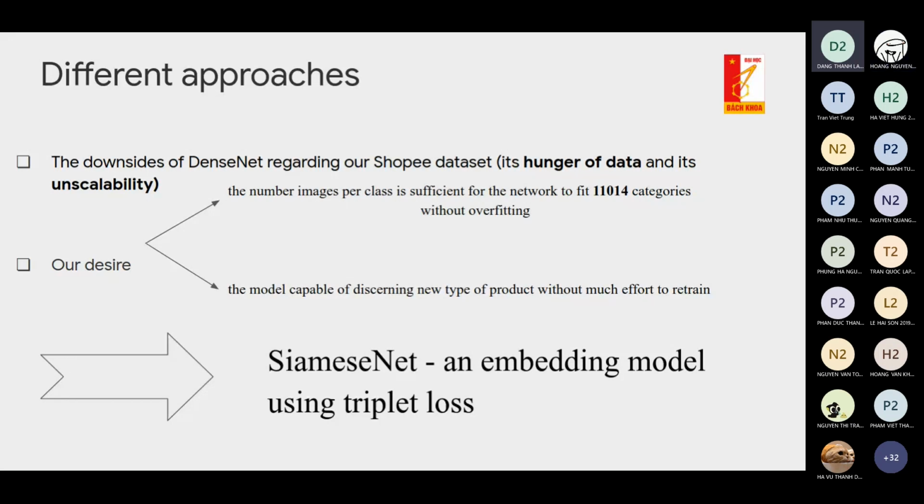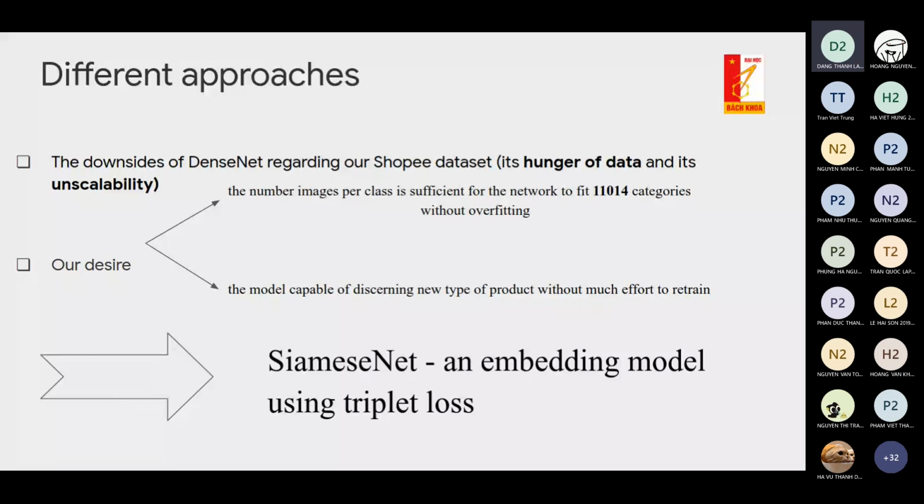It's SiameseNet. It's an embedding model. And in terms of the idea of this embedding model, it seems to perform very well in the problem of few-shot learning, and it requires little data, but still can achieve state-of-the-art performance.